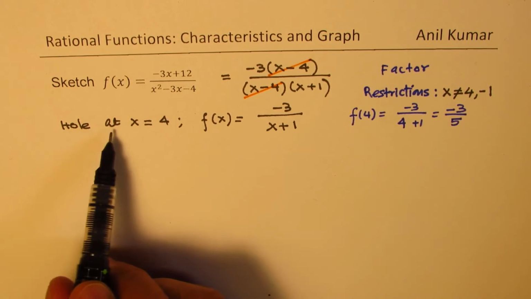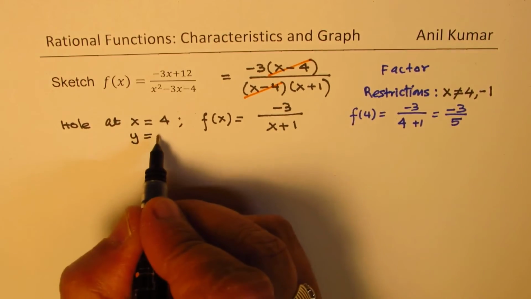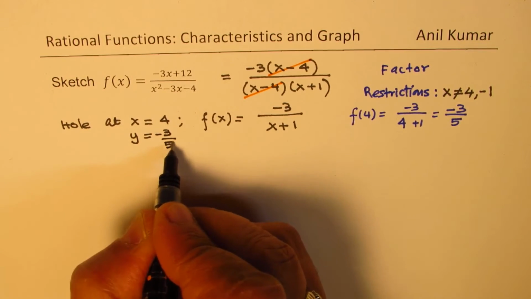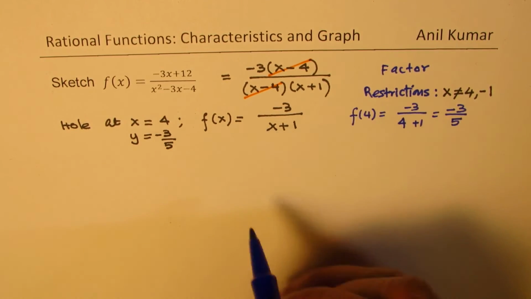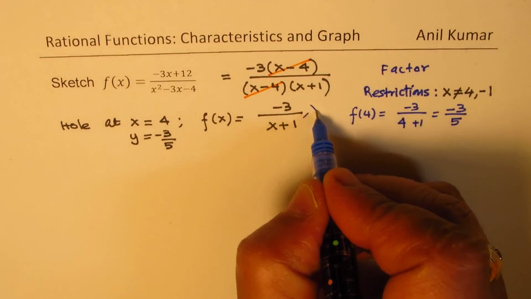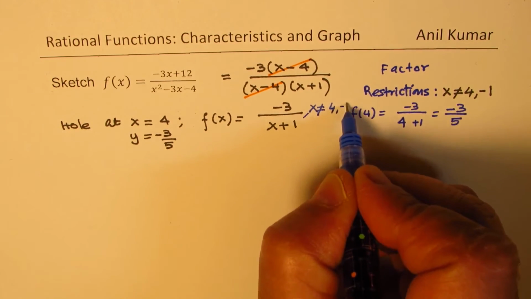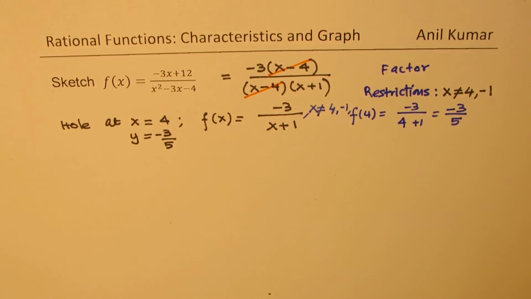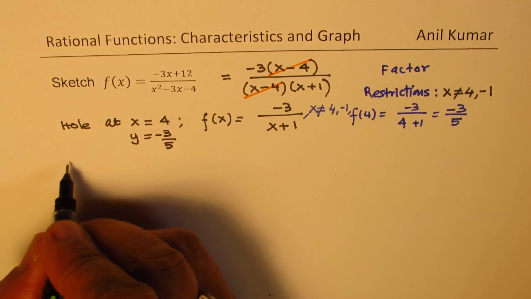We have a hole at x equals 4 when y is equal to minus 3 over 5. Clear? So we got one restriction, which is the hole. Here it is good practice to always write that x is not equal to 4 or minus 1, correct? Okay. Now the other restriction was x equals minus 1, which leads to a vertical asymptote.